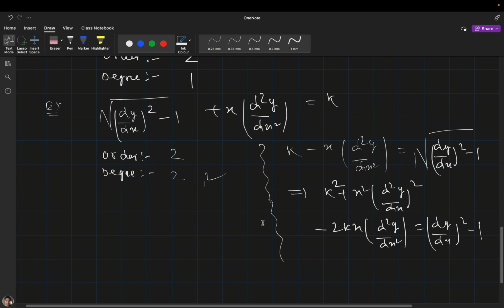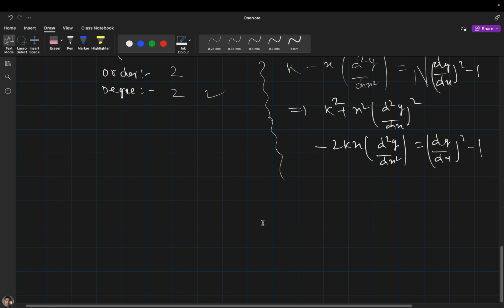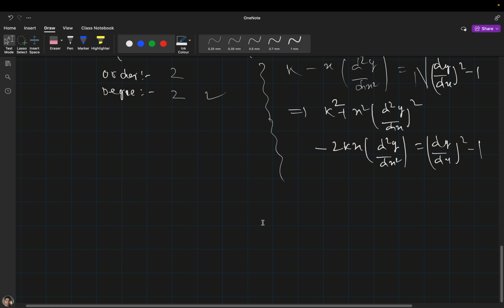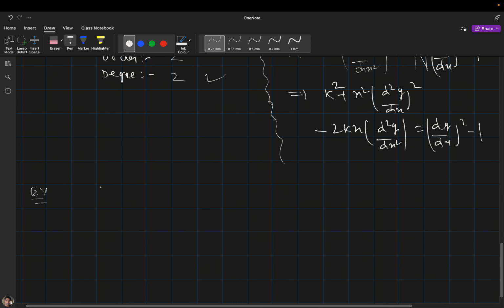Yes. Okay, so let's do one more problem and tell me what will be the degree. Suppose we have a differential equation like this.